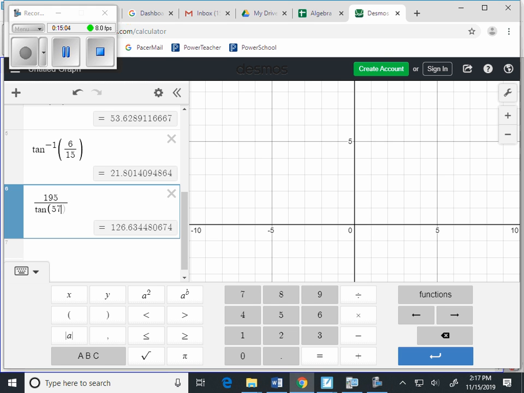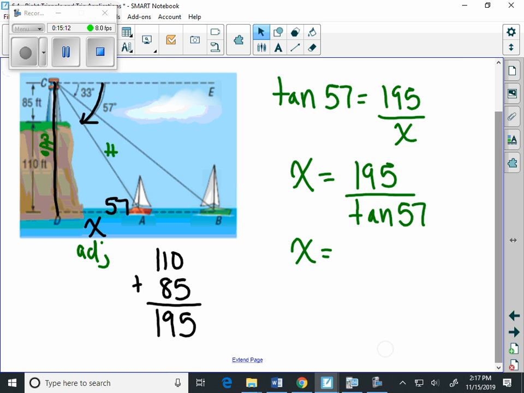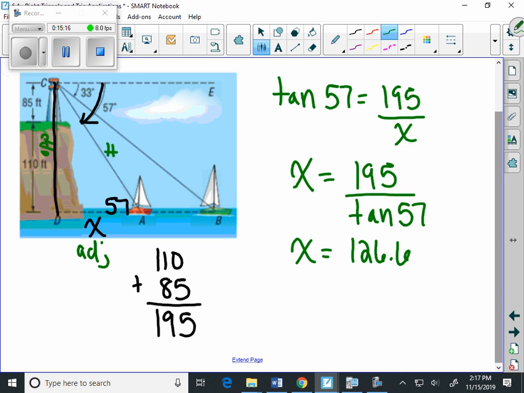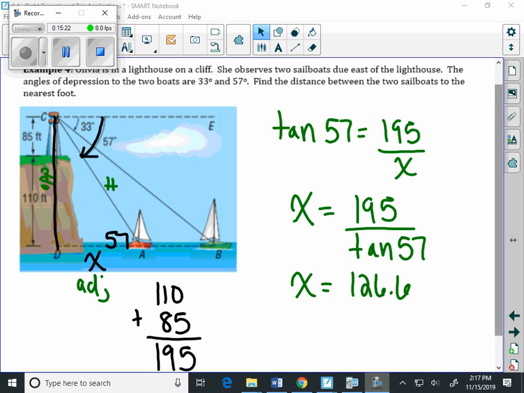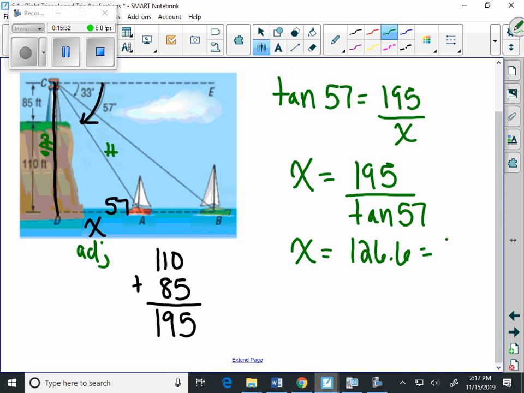So we're looking at the 3 to determine how to round the 6. 3 is 4 or less, so it's going to be 126.6. But that's not all we have to do. We have to do 2 parts. And as we go back and look at the directions again, it says find the distance between the 2 sailboats to the nearest foot. So 126.6 is really going to be 127.